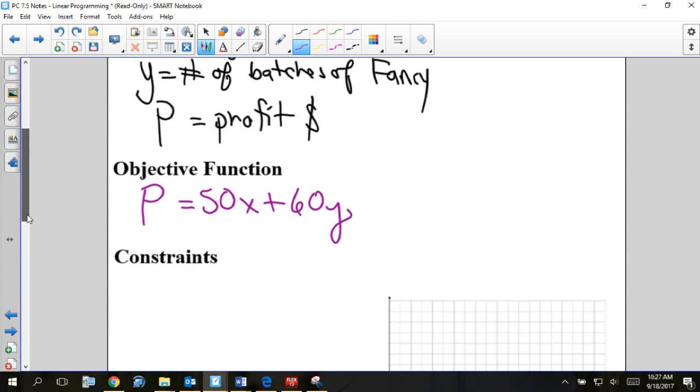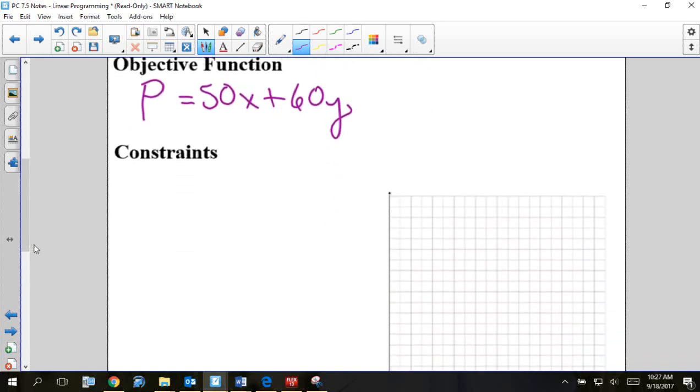And we go to constraints. The constraints are limitations on this graph, and we graphed constraints last night or whenever you did your homework. 2 of the constraints I've already given you, graphing wise, because what does your graph look like? Just the first quadrant. That means x's and y's are only what kind of numbers?